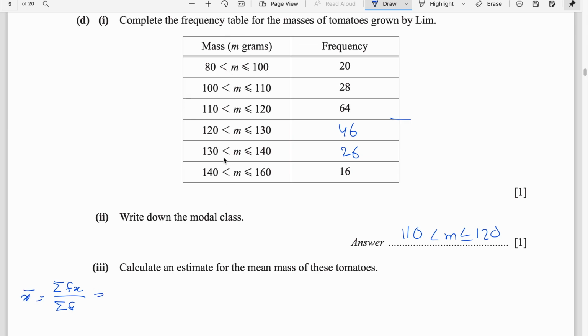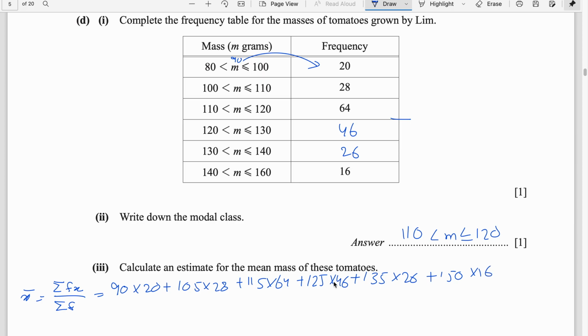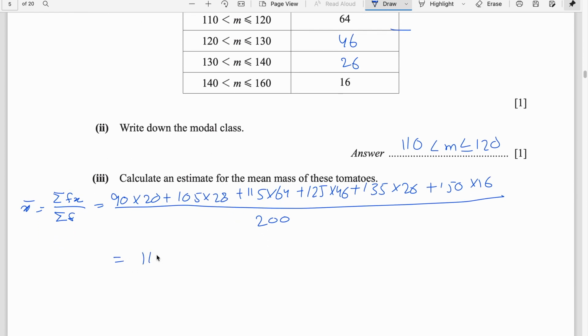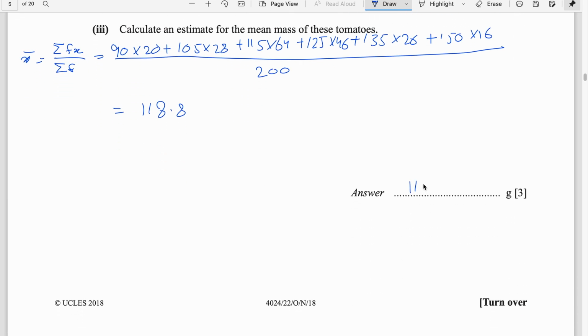Whenever you have classes, use the middle value. 90 times 20, and do it for all of these, plus 105 times 28 plus 115 times 64 plus 125 times 46 plus 135 times 26 plus 150 times 16, and divided by the total frequency, which is already given in the question, that is 200, and it results as 118.8 grams.